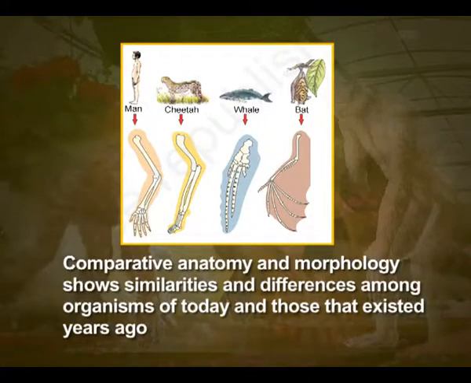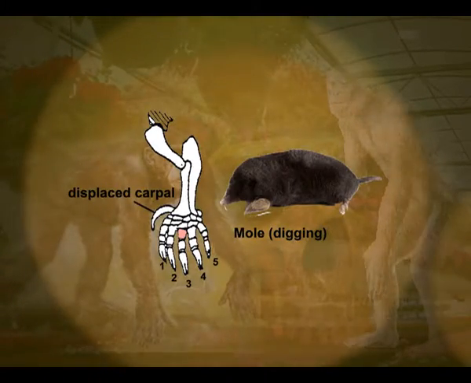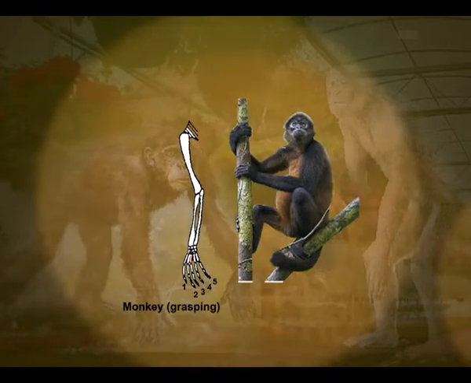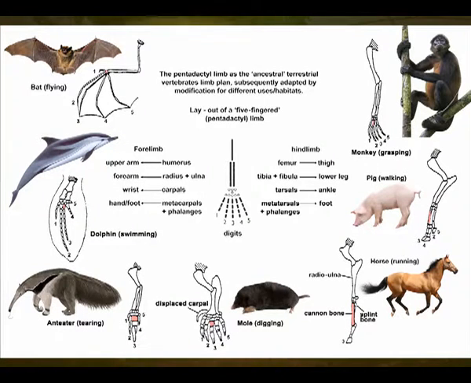For example, whales, bats, cheetah and human, all mammals, share similarities in the pattern of bones of forelimbs. Though these forelimbs perform different functions in these animals, they have similar anatomical structure. All of them have humerus, radius, ulna, carpals, metacarpals and phalanges in their forelimbs.